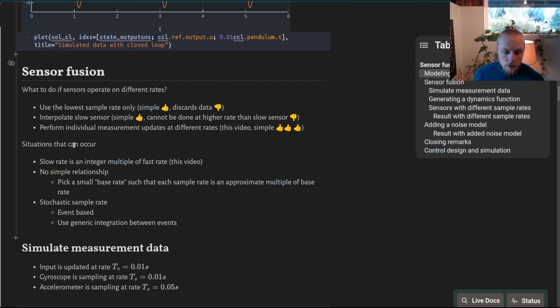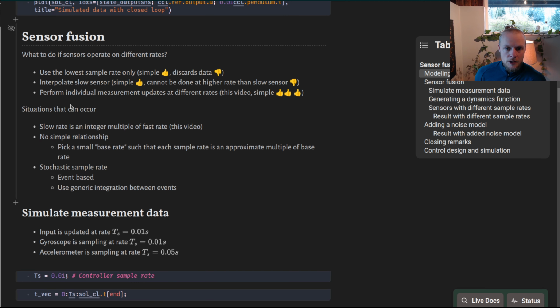So here I list a few different situations that can occur in practice. One is that for the sensor operating at a slow rate, the slow rate might be an integer multiple of a fast rate. For instance, the gyro is operating on 100 Hz and the accelerometer at 50 Hz.